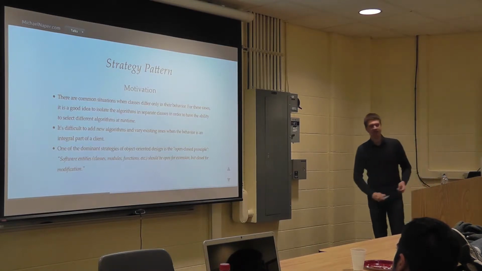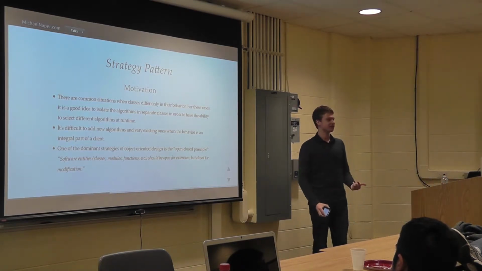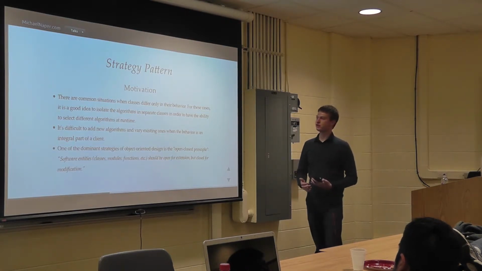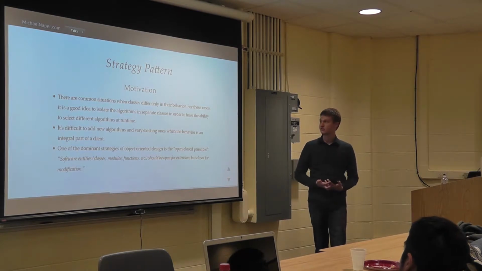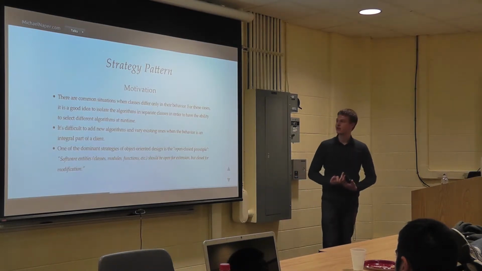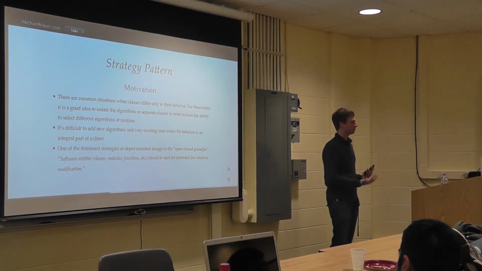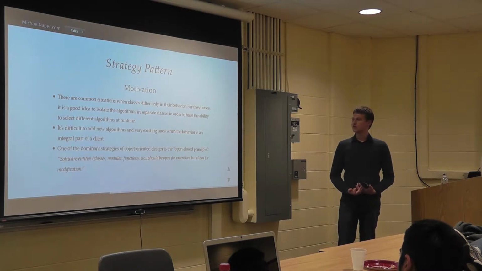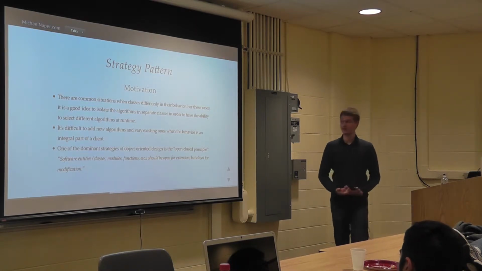So what's the motivation for this design pattern? I hinted at it a lot through the example, but just to make it more clear, there are common situations when classes differ only in their behavior. And so for these cases, it's a good idea to separate those behaviors and have the ability to select different ones at one time. It's very flexible that way. It's also difficult to add new algorithms and vary existing ones when the behavior is an integral part of a client.